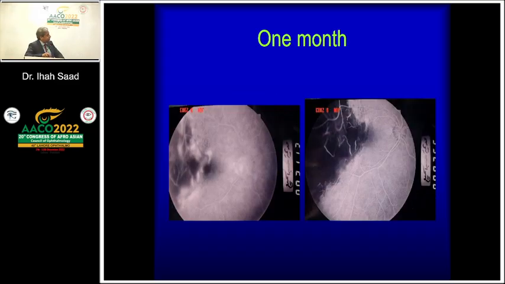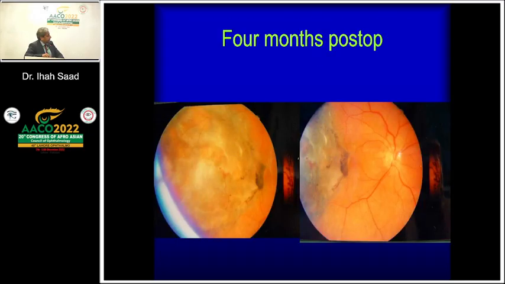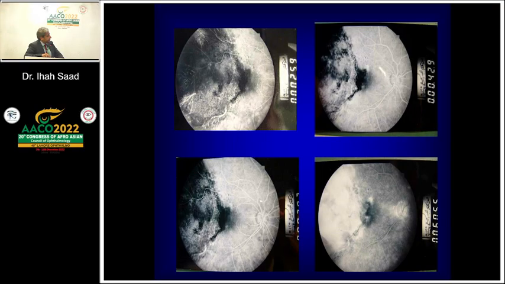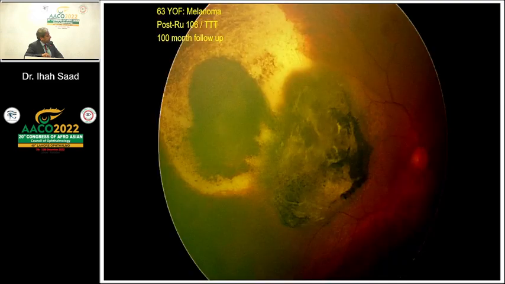You can appreciate the total hypoblocked fluorescence and hypoperfusion of the mass that resolved with time, and we could successfully preserve some of the central vision for this patient because of the tight application of the plaque on the posterior edge and the decrease in thickness of the plaque.